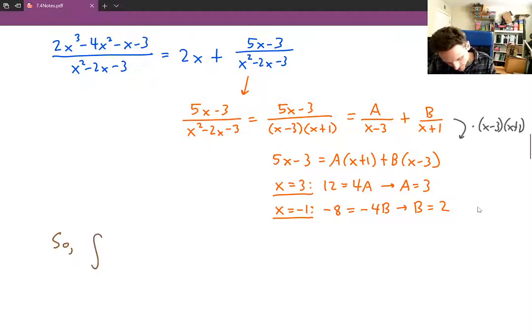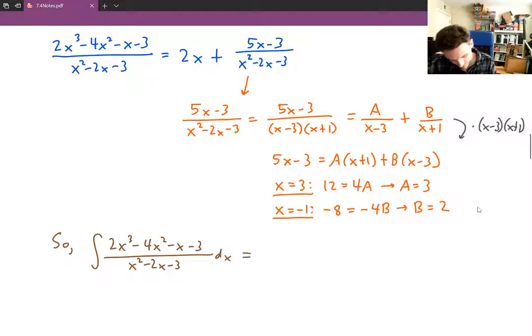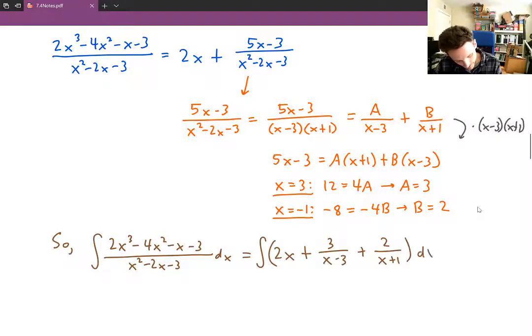So the integral that we're looking at for this problem, the original integral, is the integral of 2x + 3/(x - 3) + 2/(x + 1) dx.